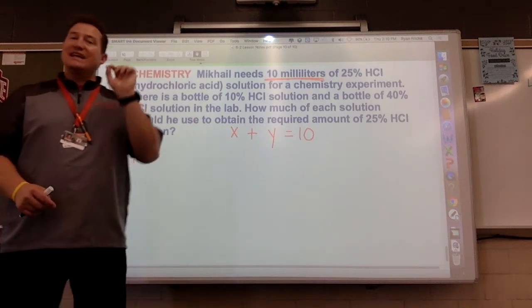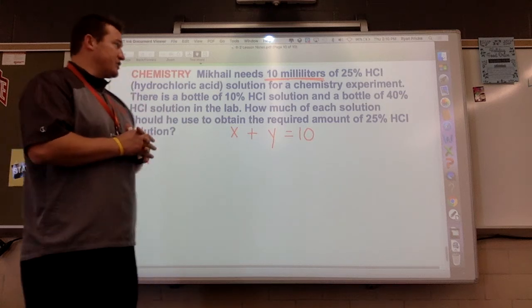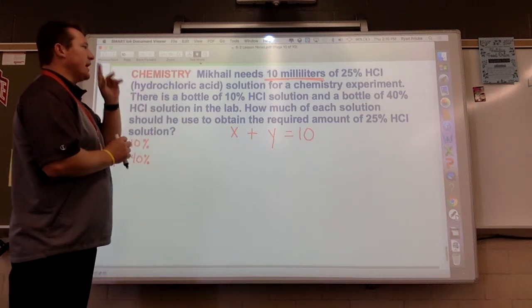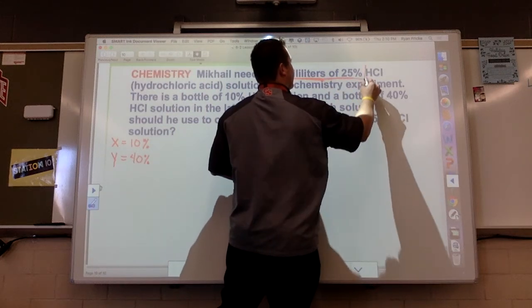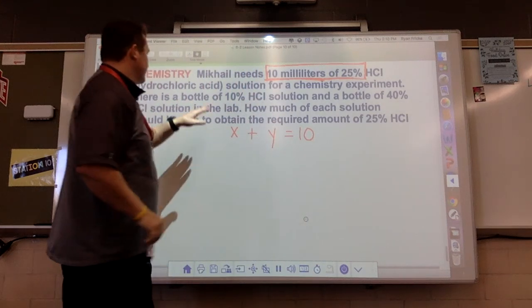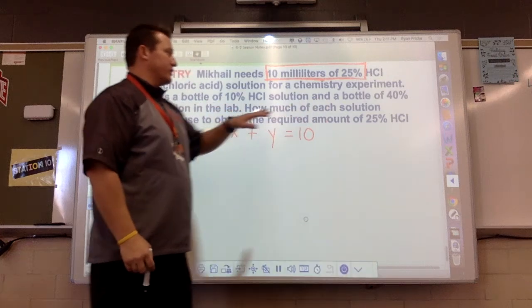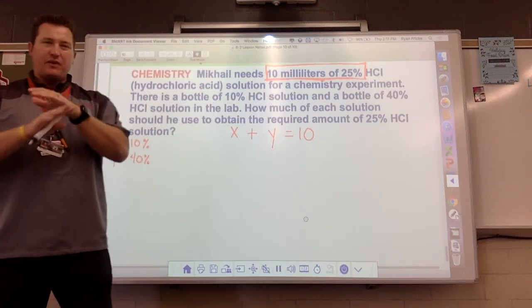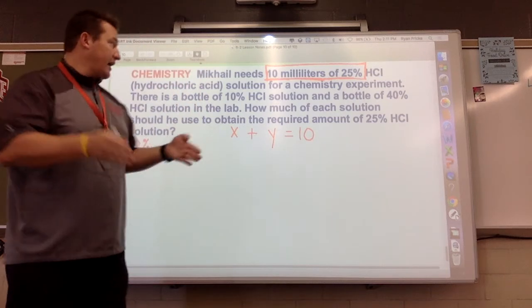Now, the second equation is a little bit sneakier, a little bit tougher than the money example we just had. We are going to use these two numbers together, believe it or not. I've got a 10% solution and a 40% solution. Think back to the pure hydrochloric acid that we want.